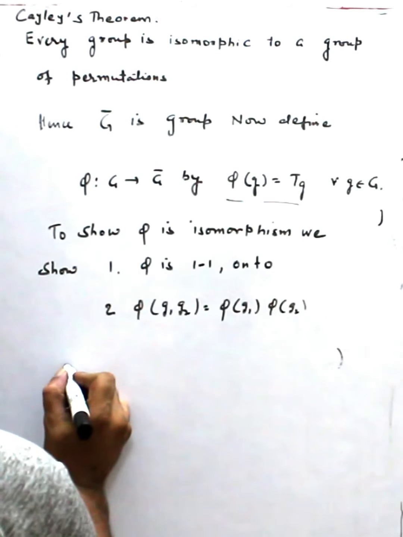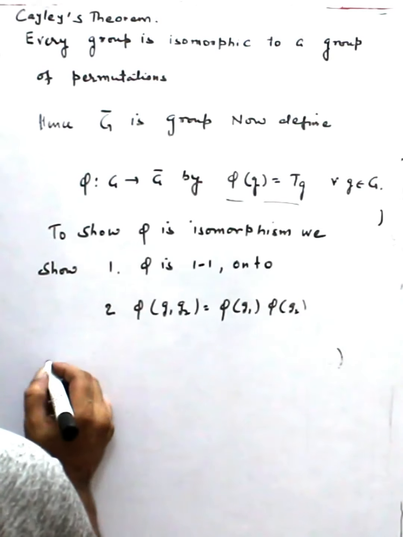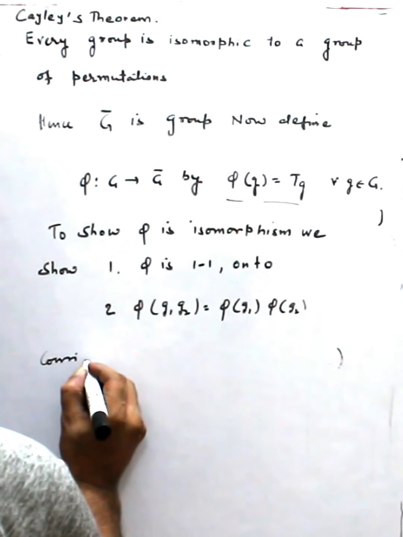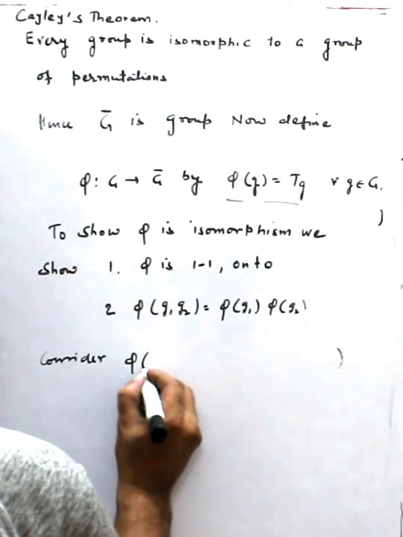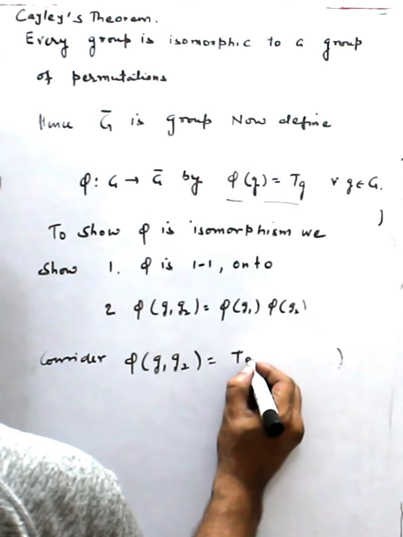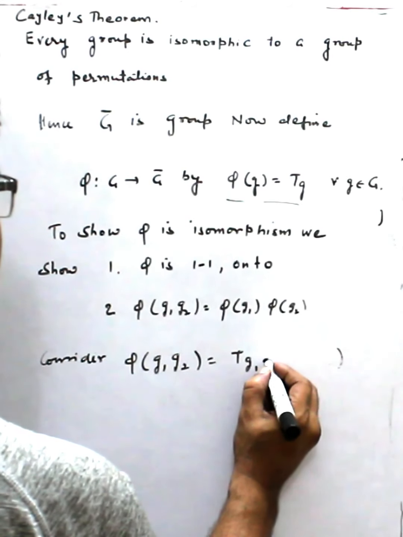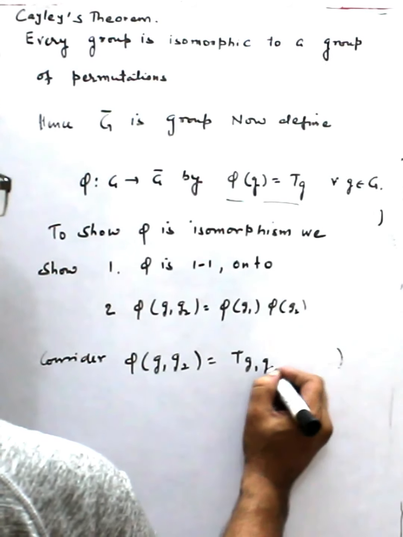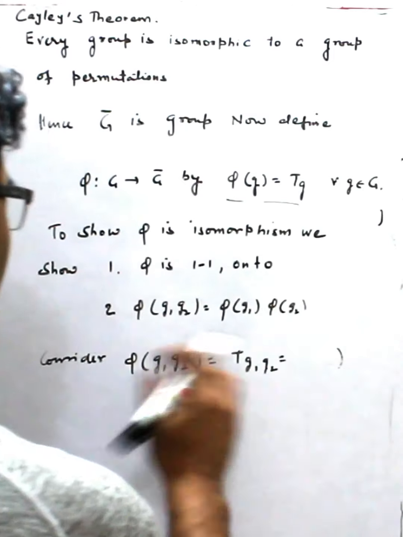This means consider phi(g1 g2) means Tg1 Tg2, and this we already have shown.